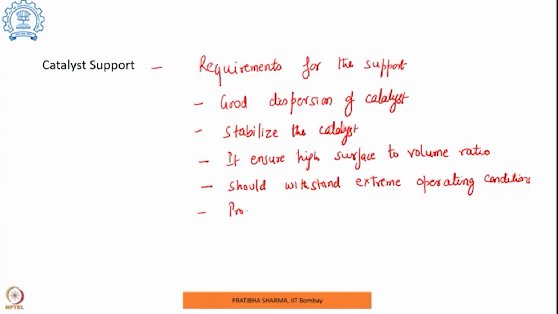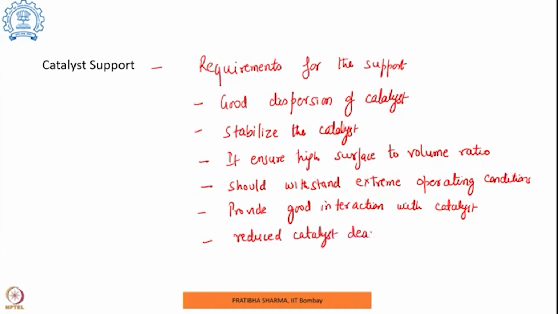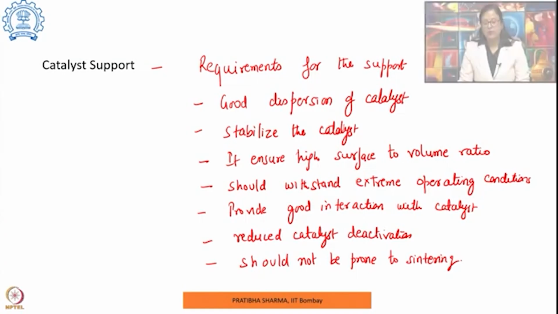It should provide good interaction between the reactants and the catalyst, and that will reduce the catalyst deactivation and sintering. So these are ideally the requirements when a catalyst support is being looked at.